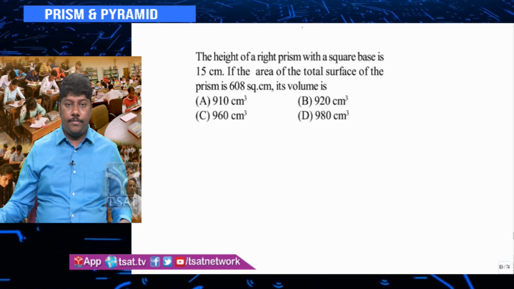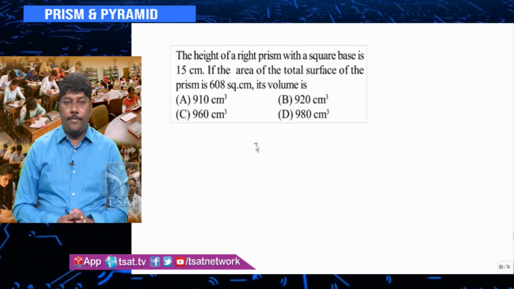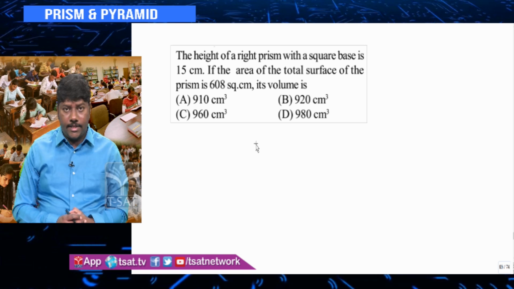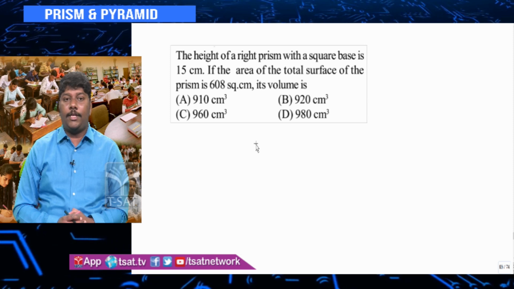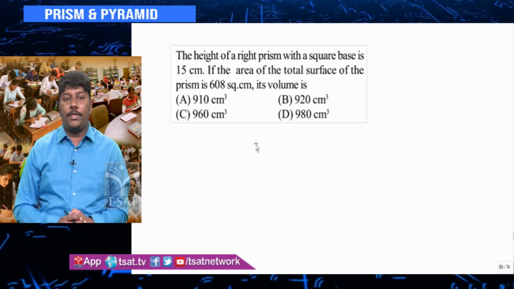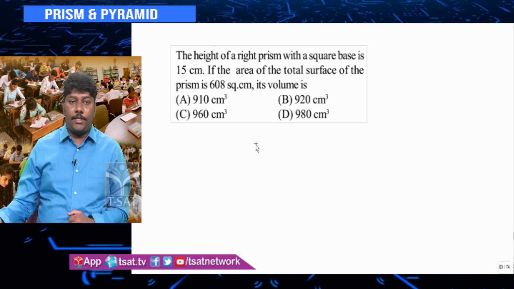Look at the next one. The height of the right prism with a square base. So here the base is a square of side a, and the height is given as 15 centimeters. If the total surface area of the prism is 608, he is asking you the volume.